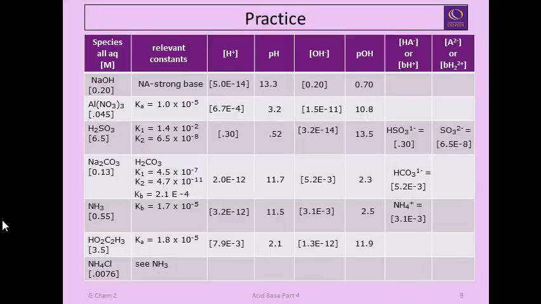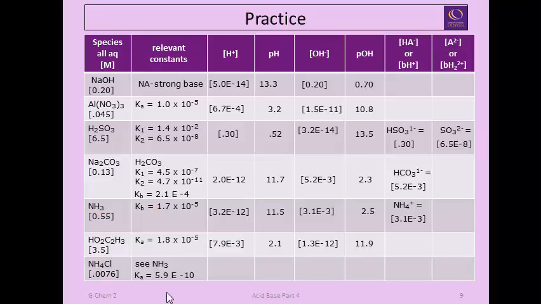So the last species is ammonium chloride. It is nitrogen bound to four things, so we know that it's actually a weak acid. And the chloride ion is actually a neutral anion, so it doesn't contribute to the acidity or basicity. But ammonium, we're not going to have a Ka for that, but we are going to have the pKb for the ammonia, which is right here.